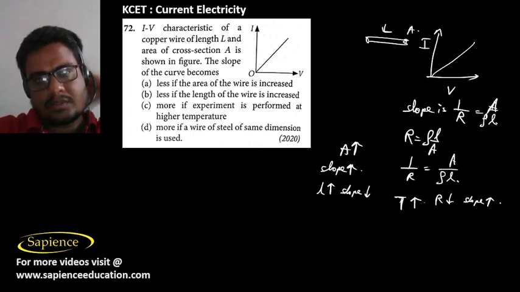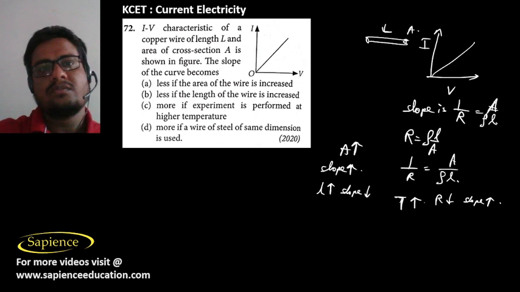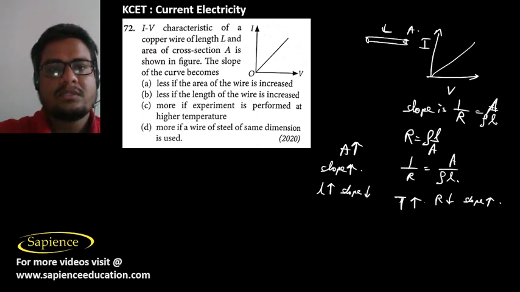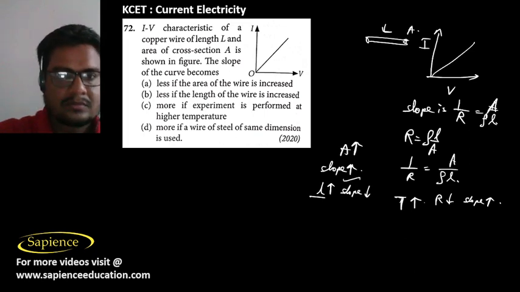The slope of the curve becomes more if a wire of steel of same dimension is used. So the slope of the curve becomes less if the length of the wire is increased. Means that option B is the correct answer.